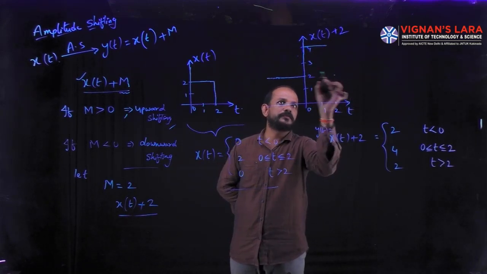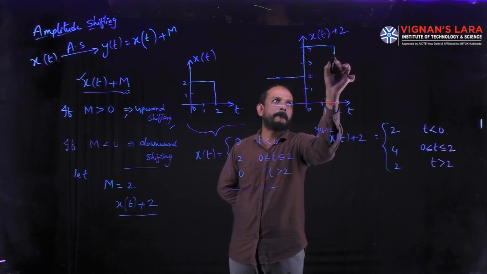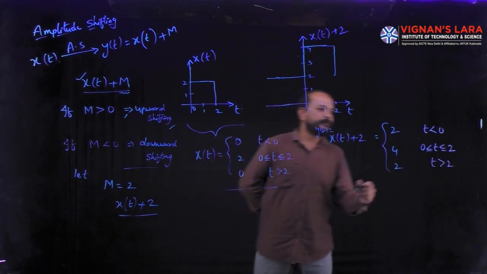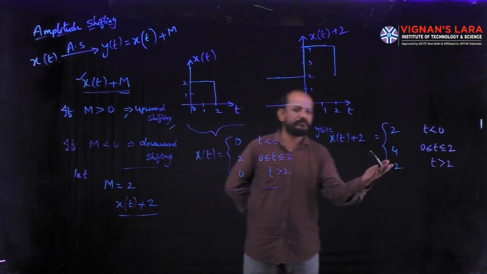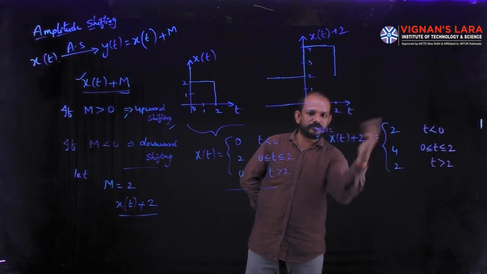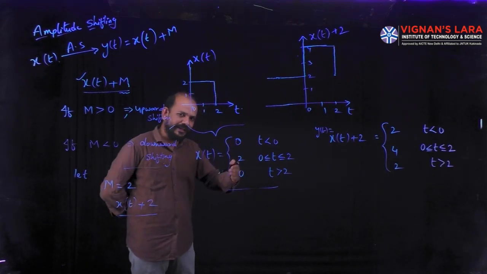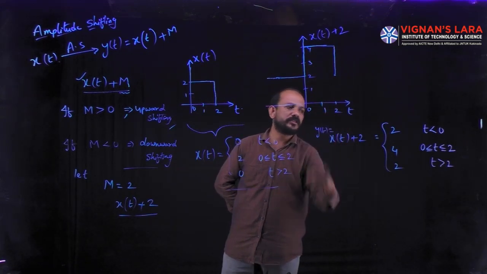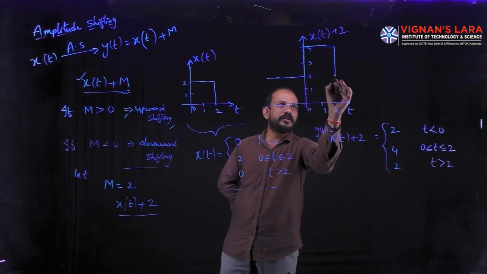Again, for t greater than 2, the value is again 2. After 2, the amplitude shifted version x of t plus 2 is equal to 0 plus 2, that is 2. So here we have to stop.